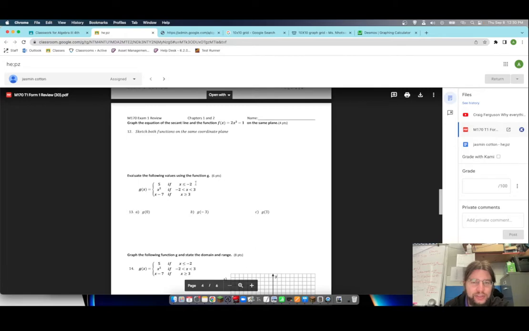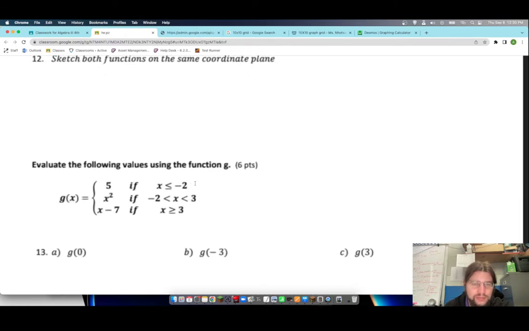0. Is that less than or equal to -2? Is it between -2 and 3? Yes, it is. So what's 0 squared? 0 for A. -3, is that less than -2?